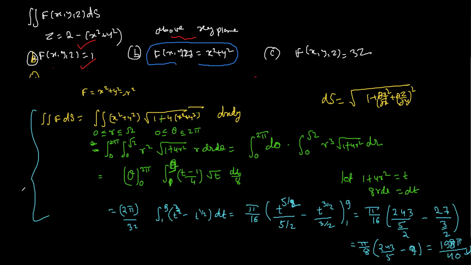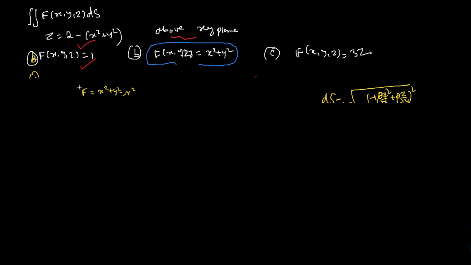Understood? Done? Okay. Now the third part is 3z. So 3z ds. What is 3z? z is 2 minus x square plus y square.